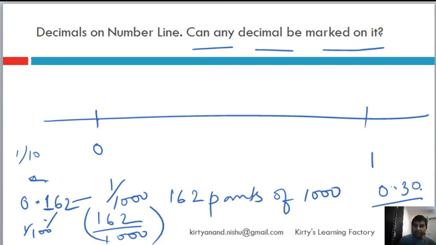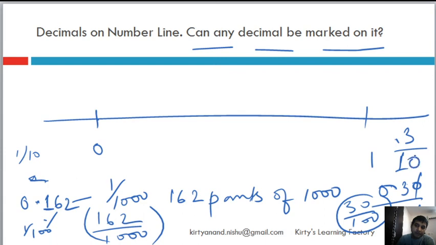If you write 0.30, there are 2 digits, so you write 1 and put 2 zeros, and then you can remove the decimal. It becomes 30 by 100, and then as you can see, the zeros cancel out, so it will be 3 by 10. If it was 0.3, you just put 1, count how many digits after the decimal, 1, put one 0, remove the decimal, and that becomes your equivalent fraction.